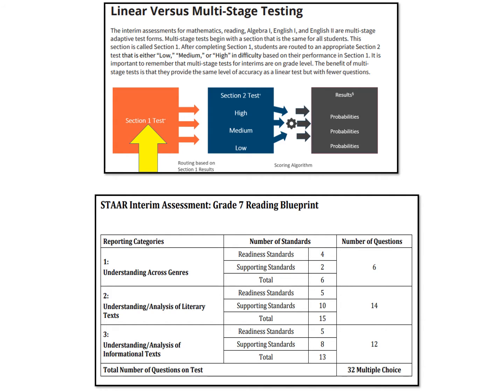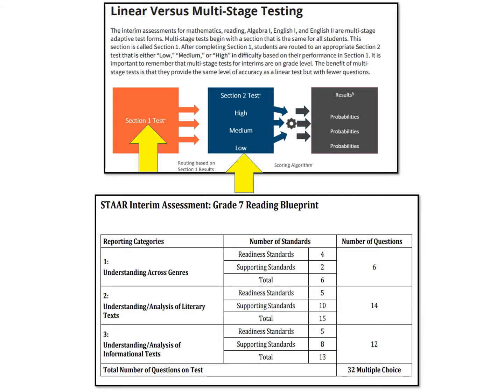After completing Section 1, students are routed to an appropriate Section 2 test that is either low, medium, or high in difficulty based on their performance on Section 1. It is important to remember that multi-stage tests for interims are on grade level. The benefit of multi-stage tests is that they provide the same level of accuracy as a linear test, but they do it with fewer questions.